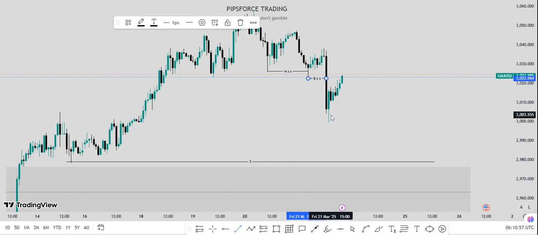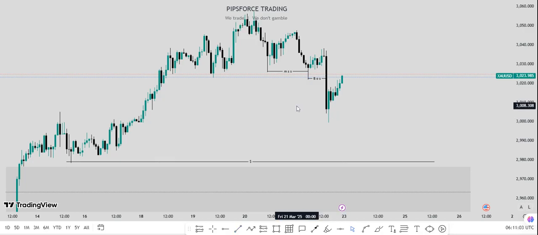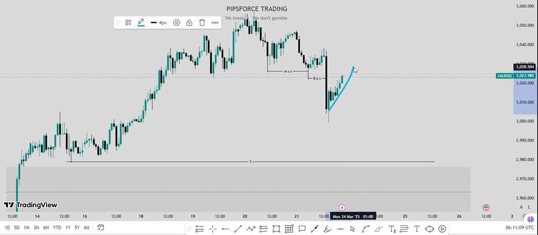So when price is retracing, we are looking for another institutional level where this retracement should end, and give us a confirmation to continue down or to continue bearish.